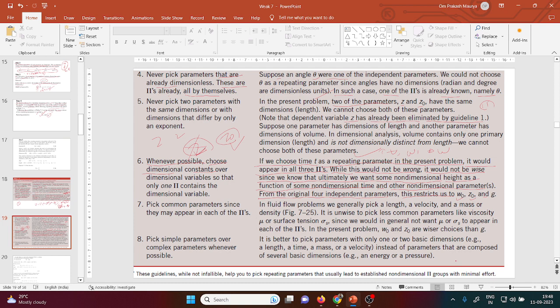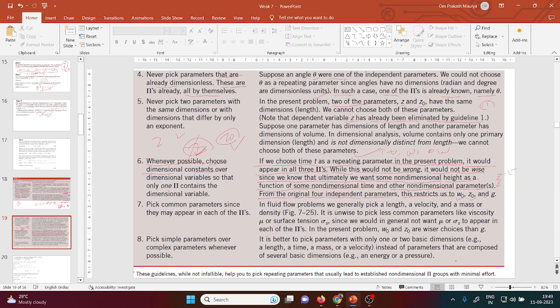While this would not be wrong, ultimately we want some non-dimensional height, because why are we using Buckingham pi? For non-dimensional things, that is, length by length is equal to a function of something non-dimensional.